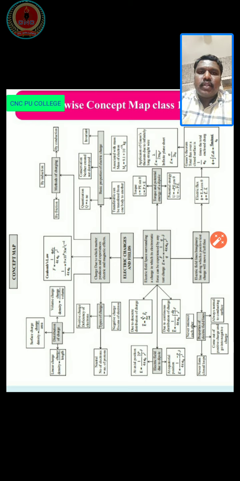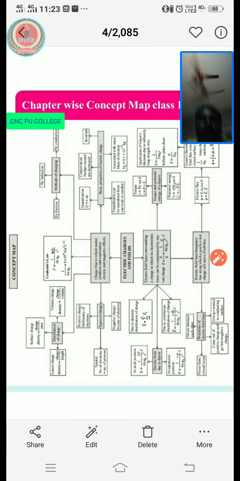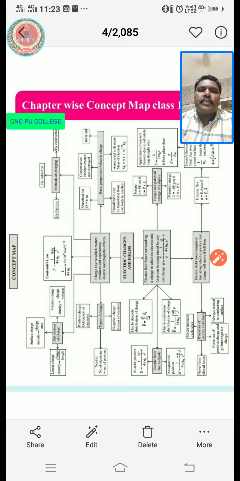You must remember the steps we have to follow in the third method of electrification, charging by induction. Next to the concepts of electrification, we studied the basic properties of charges. Very important. You must remember the basic properties of charges, that is additivity, conservation as well as quantization.